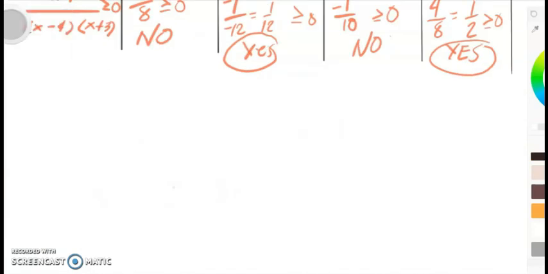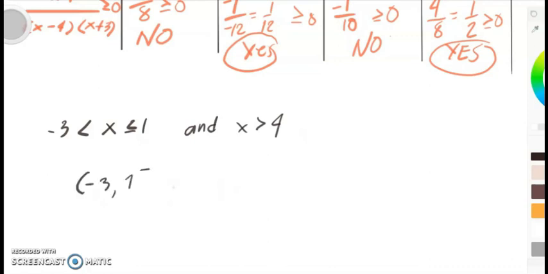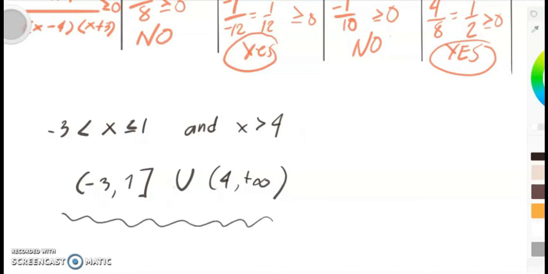Now that we have the intervals we were looking for, which were x less than or equal to 1 but greater than negative 3, and x greater than 4, we now have our solution set in the form negative 3, 1, union 4 to positive infinity. So the possible values of x lie in this solution set.